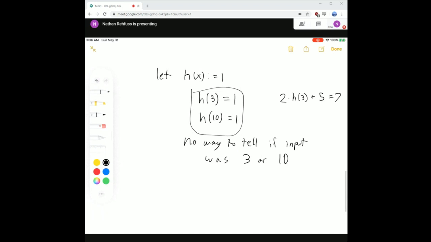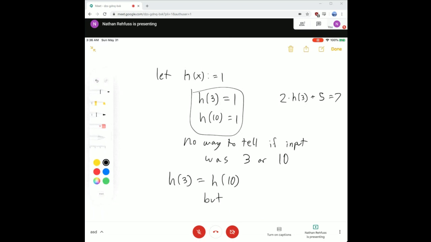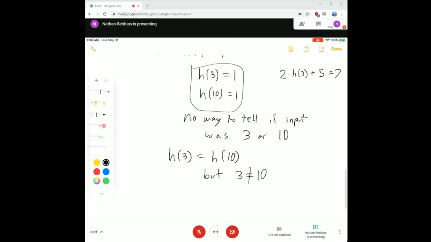In other words, sorry, let me turn the page here. So h of 3 equals h of 10, but 3 is not equal to 10. So what I mean to show with this example is I cannot cancel out h. That's one way where it doesn't behave like a variable at all.